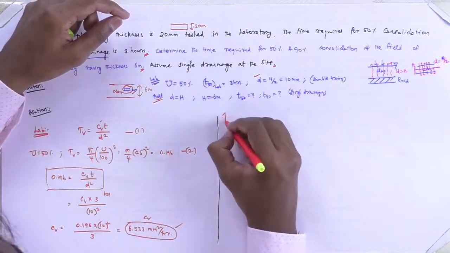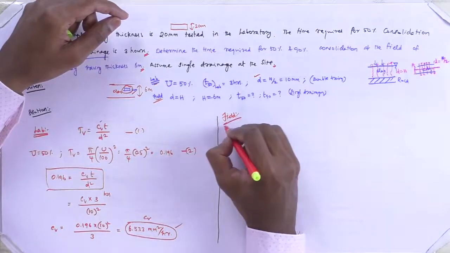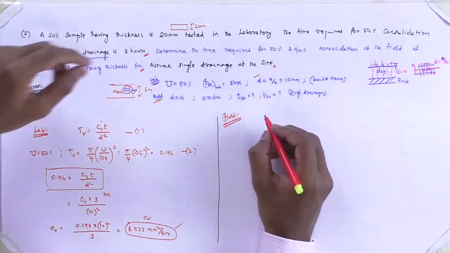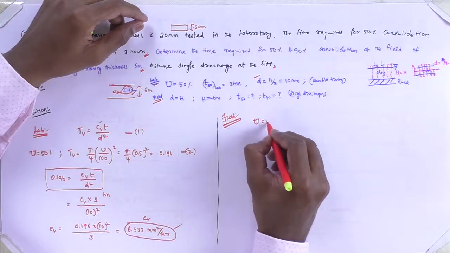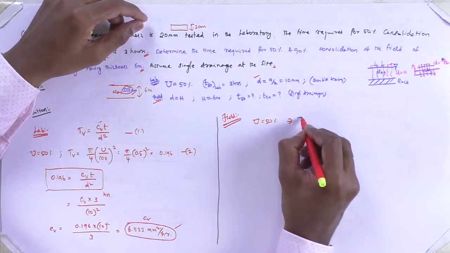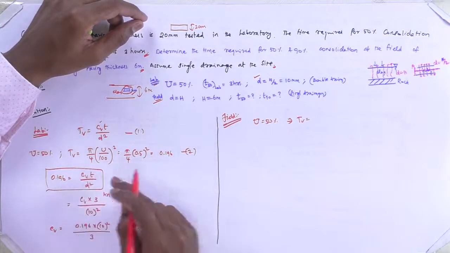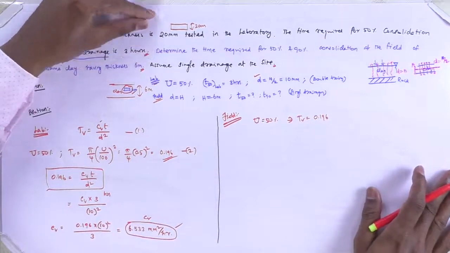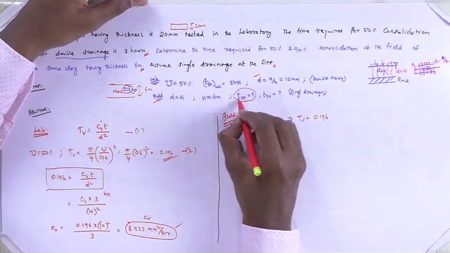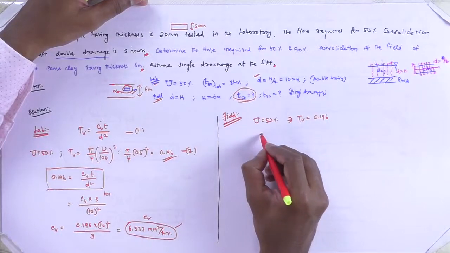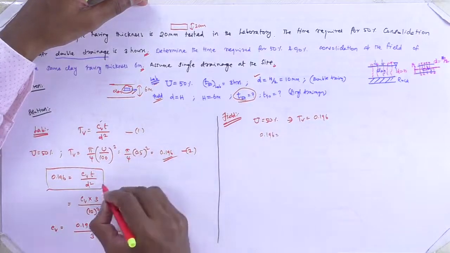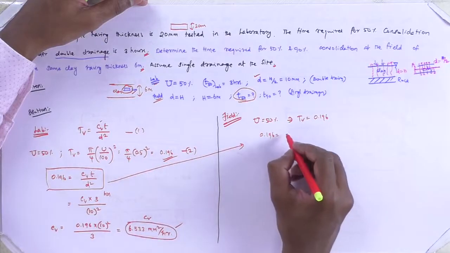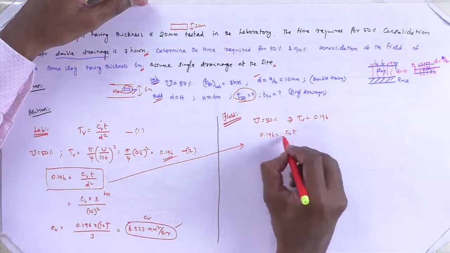So coming to the field, for degree of consolidation 50%, we get TV as 0.196. To find T50 first, this can be written as 0.196 equals CV T divided by D square.